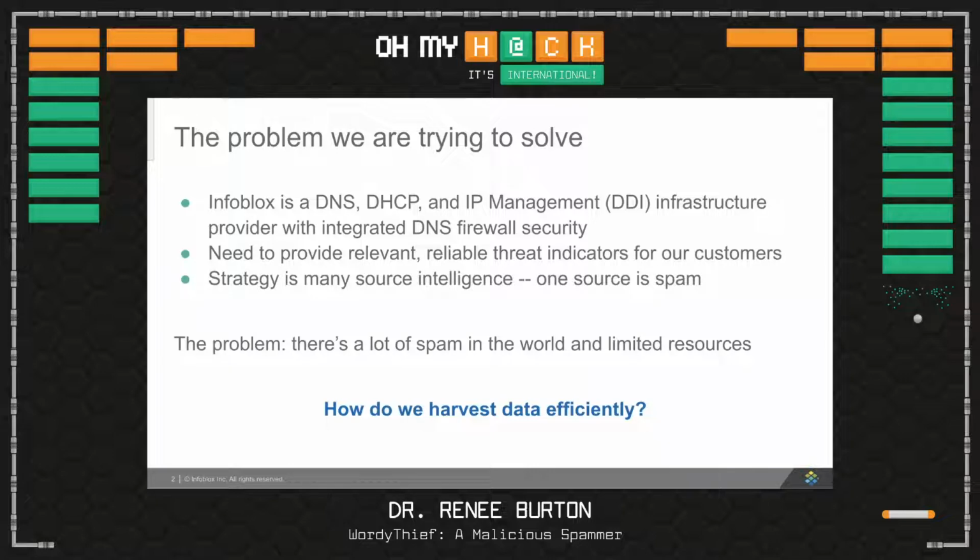One of these sources that we use is spam. A lot of spam is just annoying and is very well captured by spam filters. But spam is still used for an enormous amount of malicious activity, particularly for information stealers and ransomware.